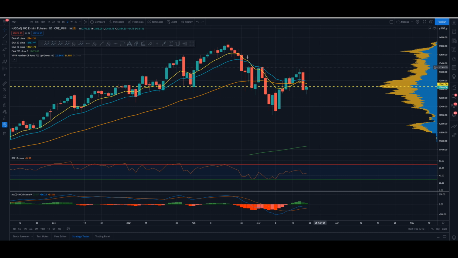Now, when we come to look at this with our Elliott Wave count, interesting where we've come to. I said in the previous video that I was waiting for a 61.8% to 65% retracement of price off the low in the NASDAQ before considering selling.